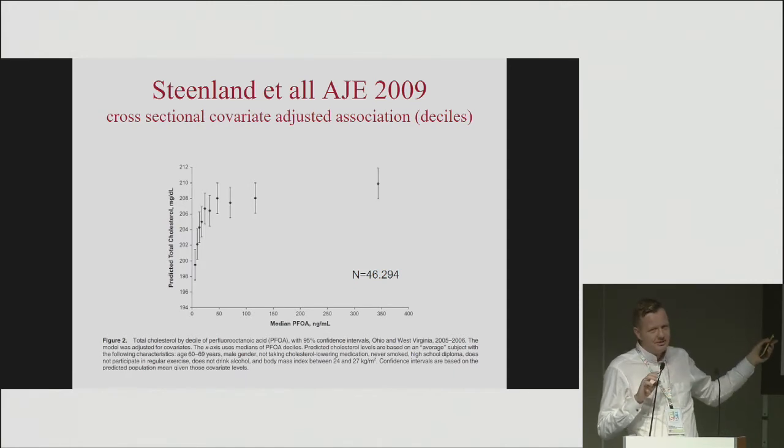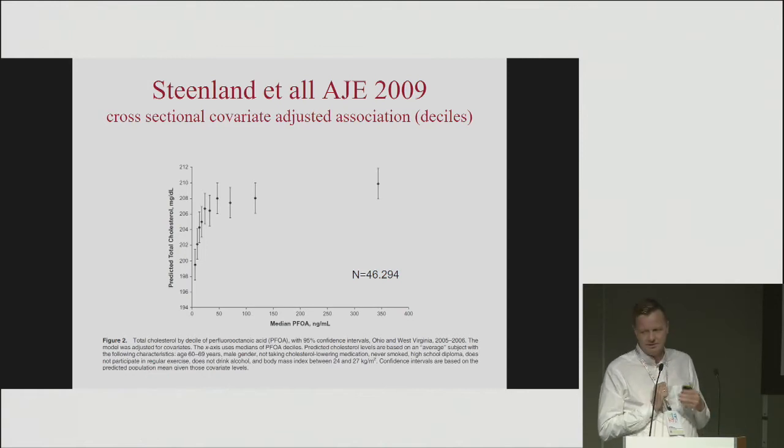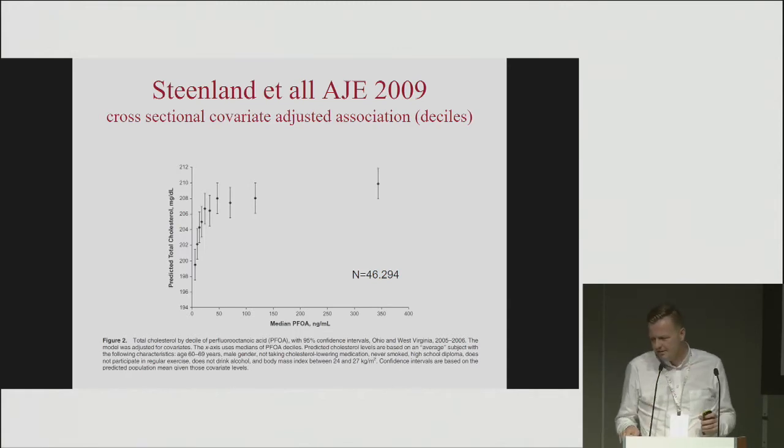Reporting the individual data, I don't see anything that would have changed anything here. So this is not individual participant data. But what they do is sometimes we would publish this curve as a relative increase in cholesterol, but here they do something different. They say that it has been adjusted for covariates, the model, so you remove the variation of age, body mass index, smoking, and everything.